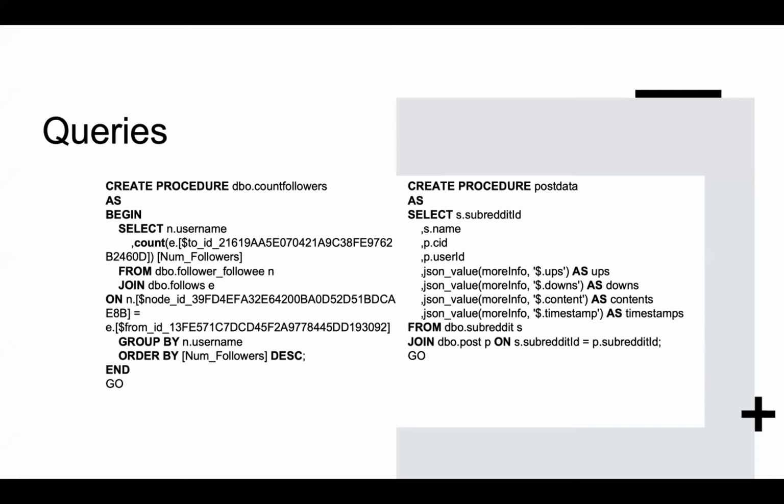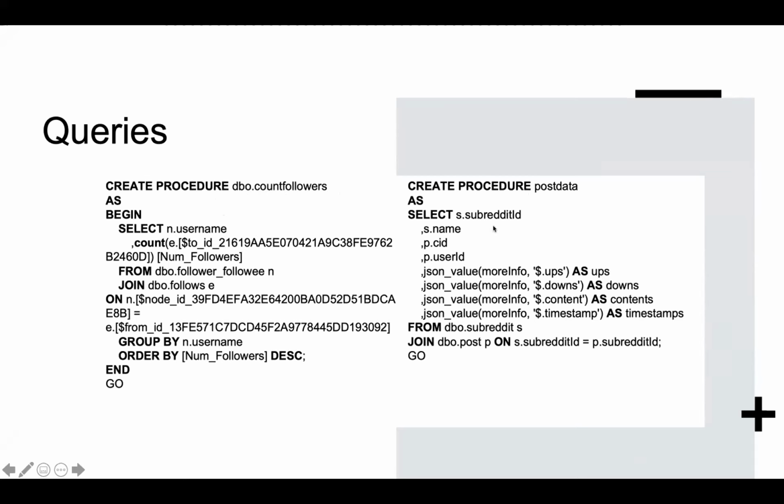Okay. Before I jump into the data dashboard, I just want to explain what tables we are using on our dashboards. For that, we have created two stored procedures. In the first stored procedure, dbo.count followers, we are using our graph database to create the reports for the username and their corresponding followees.